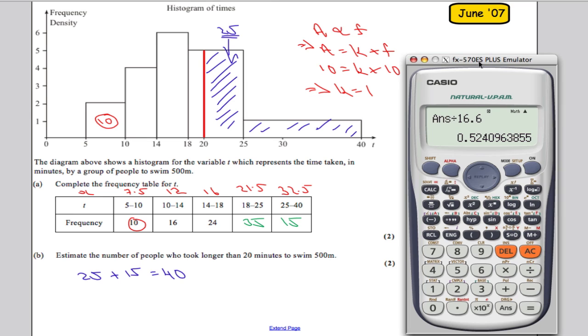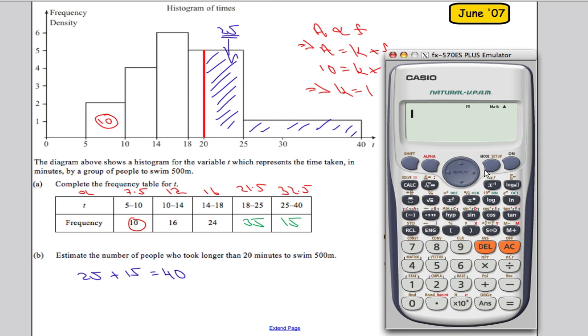Take out the calculator and let's get this data entered. I need to turn my frequencies on, so shift and setup, scroll down to stat. I want to turn my frequencies on here. So mode, stats, single variable. Okay, let's enter our midpoints x.